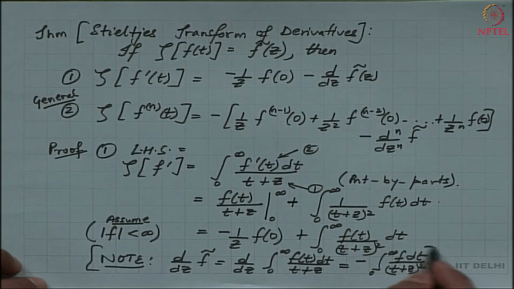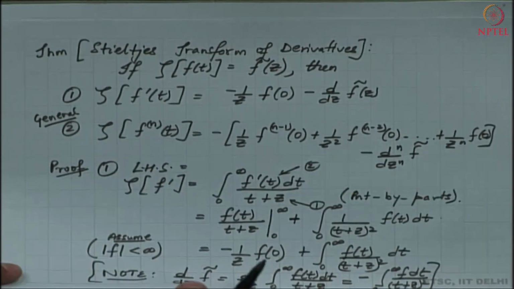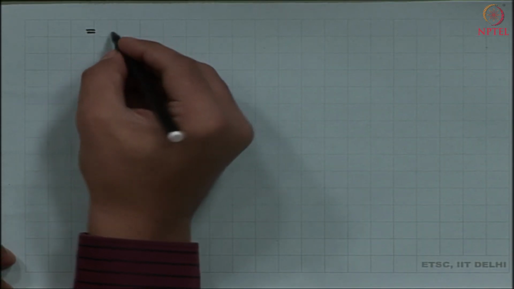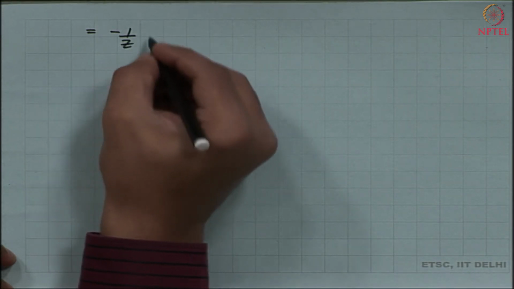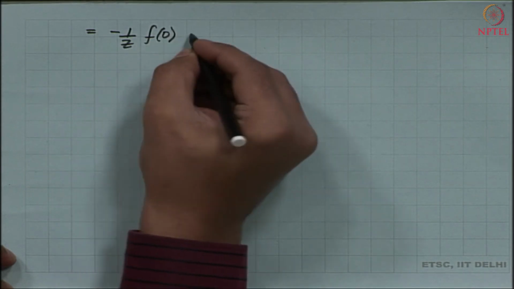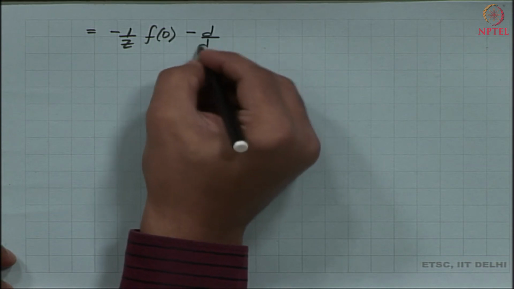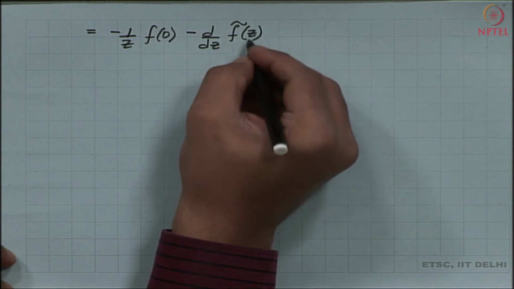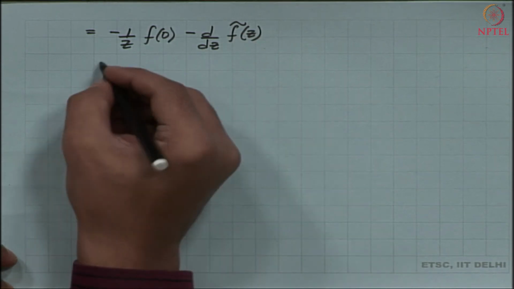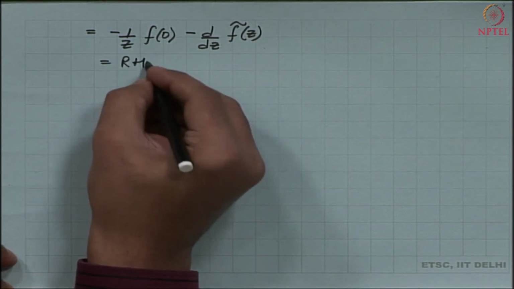So, before moving on, I have seen that on the right hand side I have the following expression. The first expression is as it is, negative 1 by z f of 0, minus the derivative of f tilde, the Stieltjes transform, with respect to z. So, that is my right hand side.